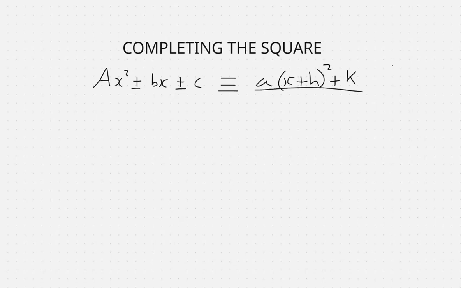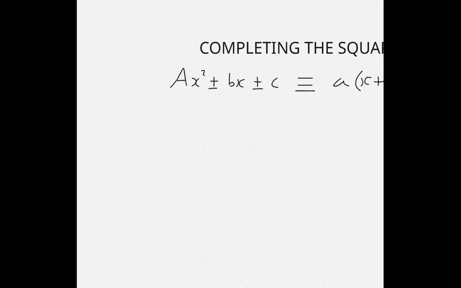Where's the A? I didn't hear that, Samara. Sorry, I muted you. Where's the A in the first part? You said ax squared plus or minus bx plus or minus c.